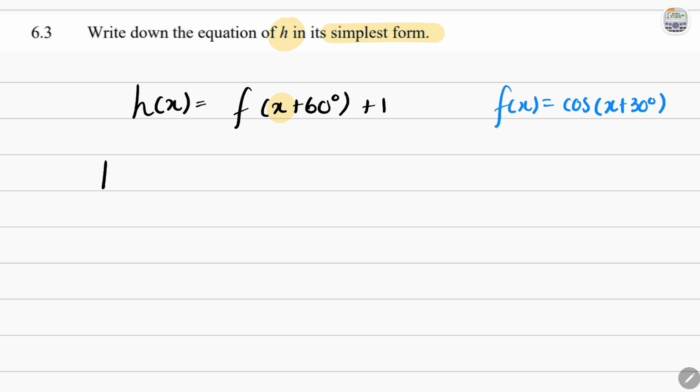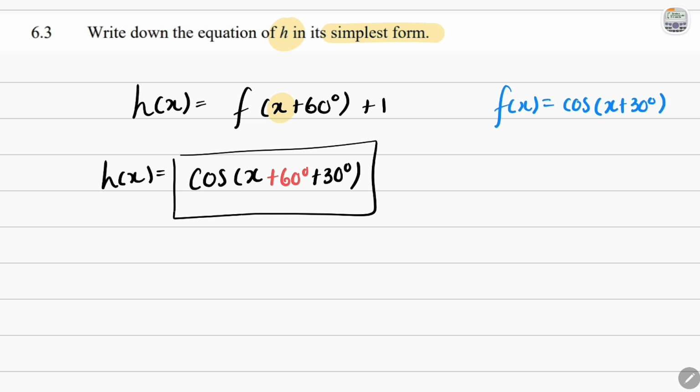So h of x is equal to, and we know that f of x is cos of x plus 30 degrees. So we'll say cos, and now we see x. Wherever you see x, you add 60 degrees to this, but we still have that plus 30 degrees. And then you're adding plus 1 outside the bracket.